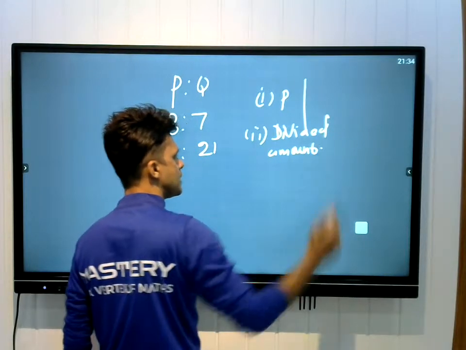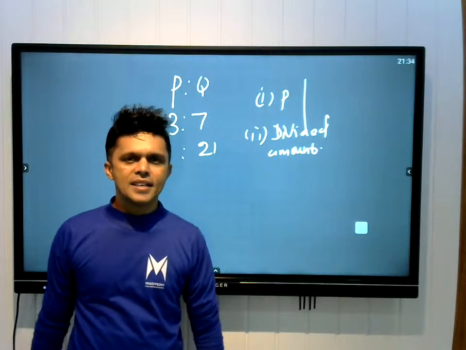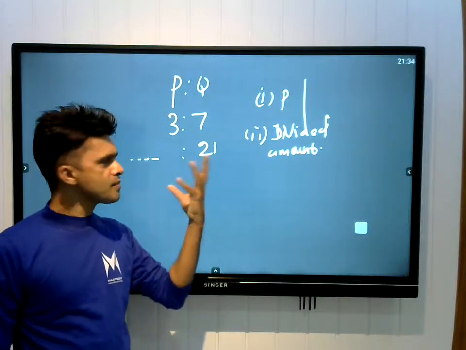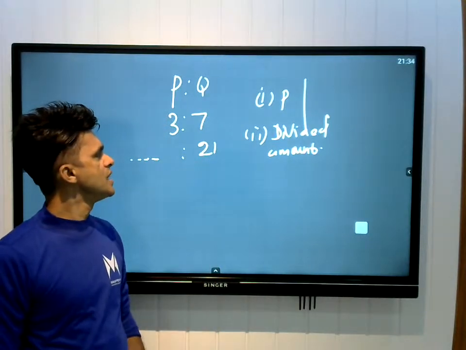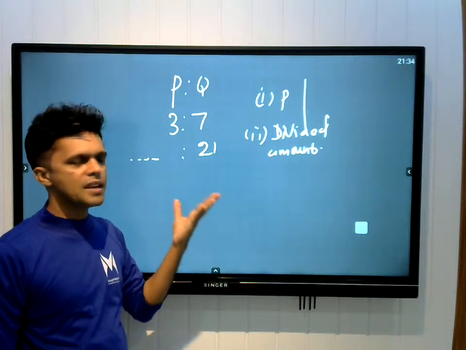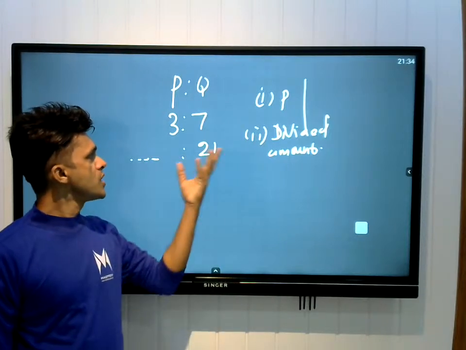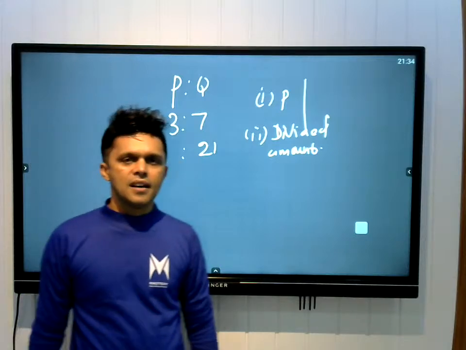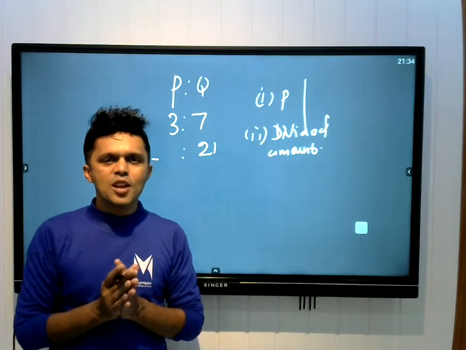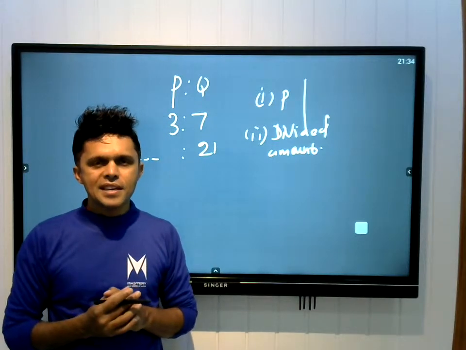These are the given questions. Okay? Then when a certain amount of money is divided in the ratio 3 to 7, and Q gets 21 rupees, you need to get the value which is taken by P here.